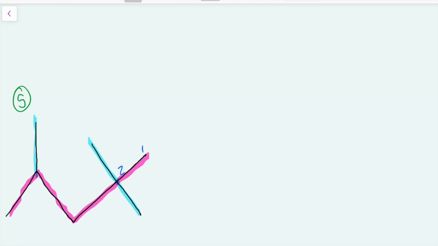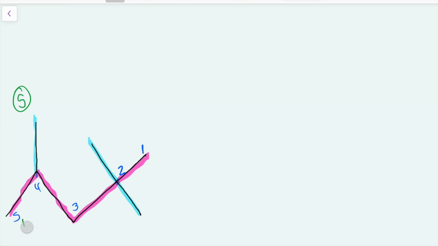If we went 1, 2, 3, 4, 5, you've got a subunit on 2, but if we did it this way, going 1, 2, 3, 4, 5, there's a subunit at 2 either way we count. The way to distinguish is whichever one has the most subunits. If we keep the one in blue, you've got 2 subunits here, where you only have 1 over here. So the correct numbering would be to start on the right-hand side and keep it that way.